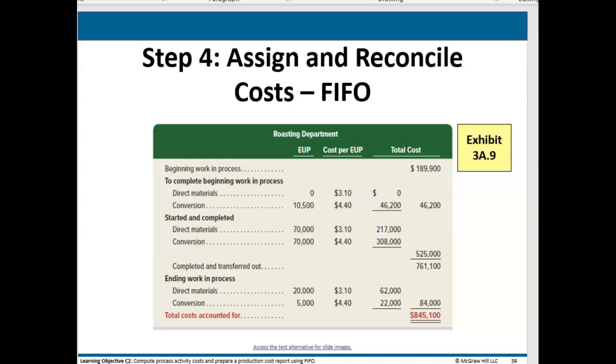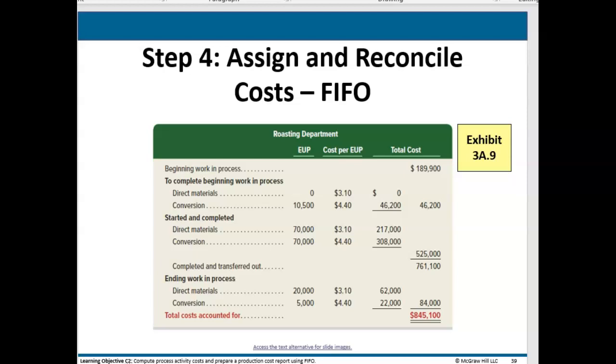Ending work in process inventory, there are 20,000 units in process inventory at period end. We assign $62,000 of direct materials cost and $22,000 of conversion costs to these units. Total cost of work in process inventory at period end is $84,000. Reconciliation.